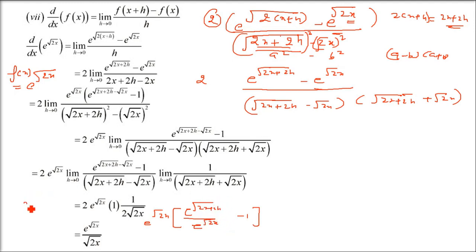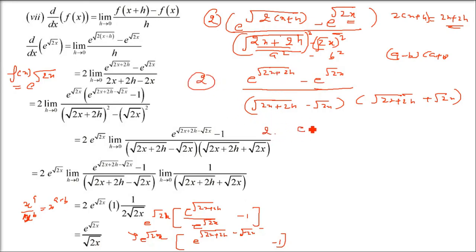Now you know x to the power a by x to the power b becomes x to the power a minus b. Same thing we are going to do. E raised to under root 2x plus 2h minus under root 2x, and then you have minus 1 also. So this you have got, and this is what we have in the denominator as well. So 2 is already there.